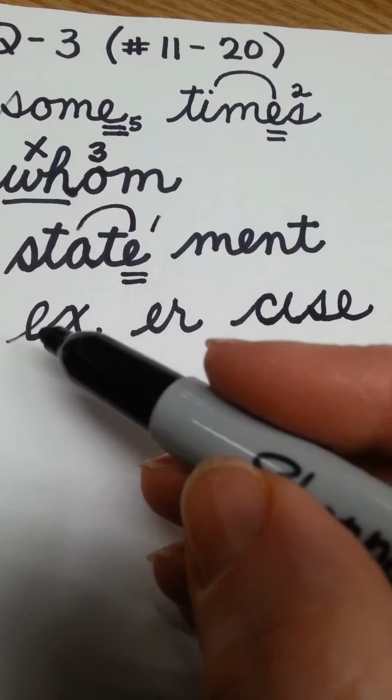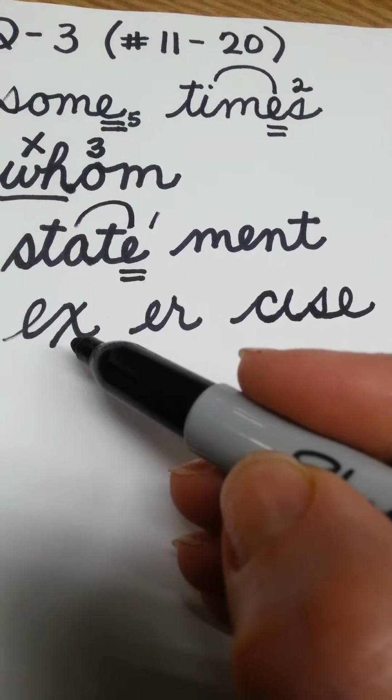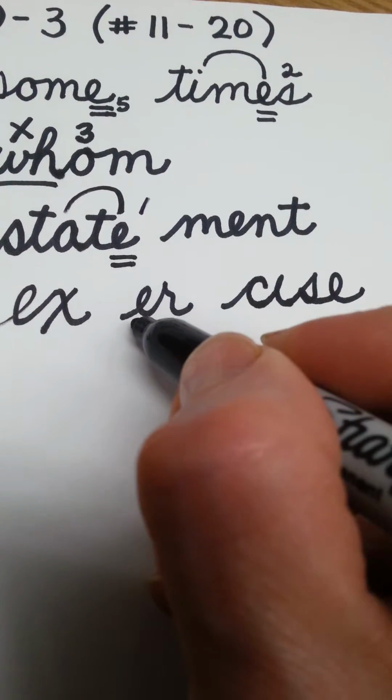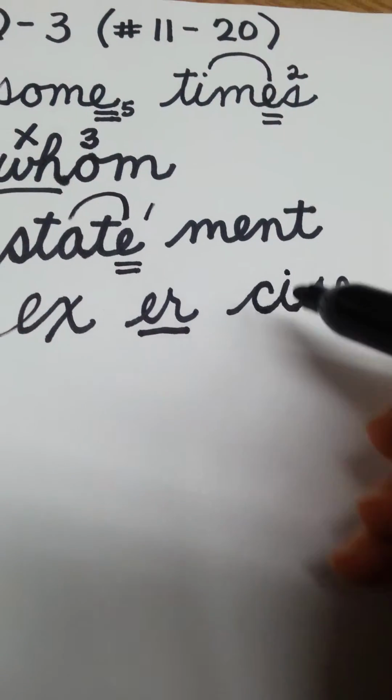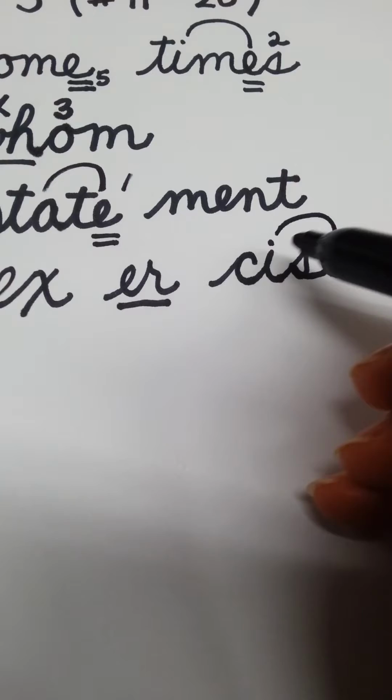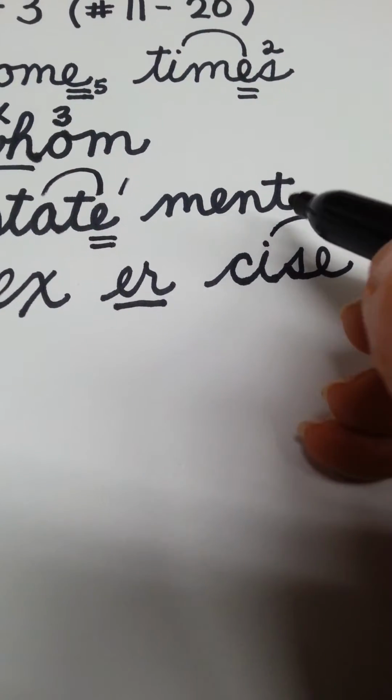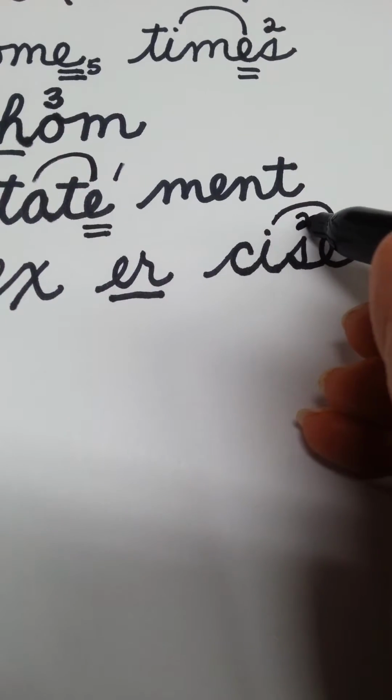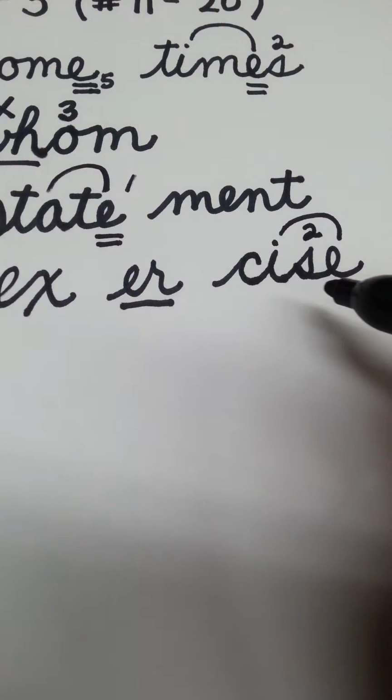Silent final E. X, there are no markings here. Let's underline the of her. And size, we'll draw an arch from our I saying its name to the silent final E that's making it do so. And z, we'll put a 2 above the z.